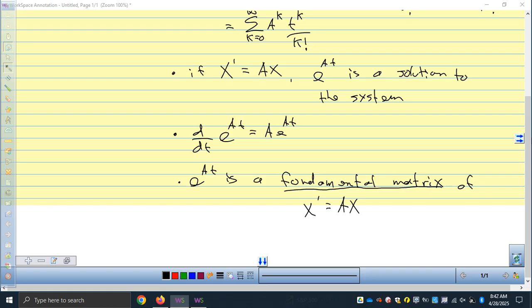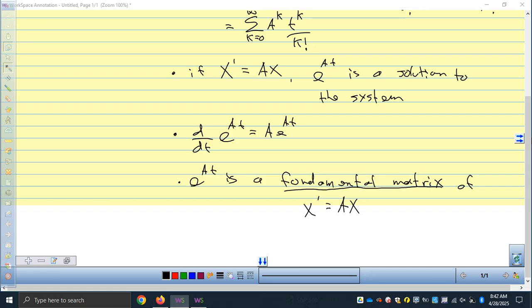Well, we saw that the computation of e to the At from the definition requires computation of power series and then making a connection between the power series we see and some closed form representation of the power series. So we had a power series and we needed to recognize, oh, that's the power series for sine, or that's the power series for cosine.